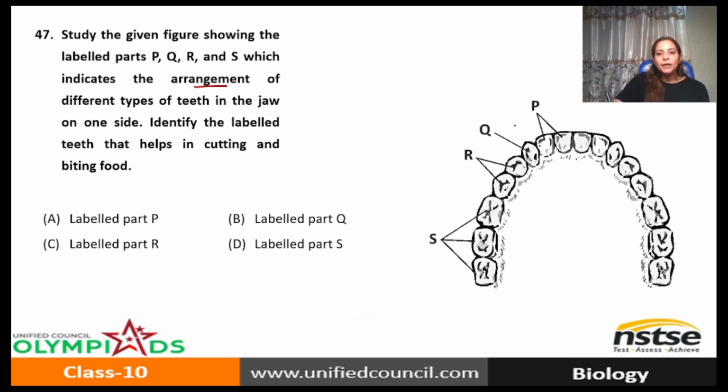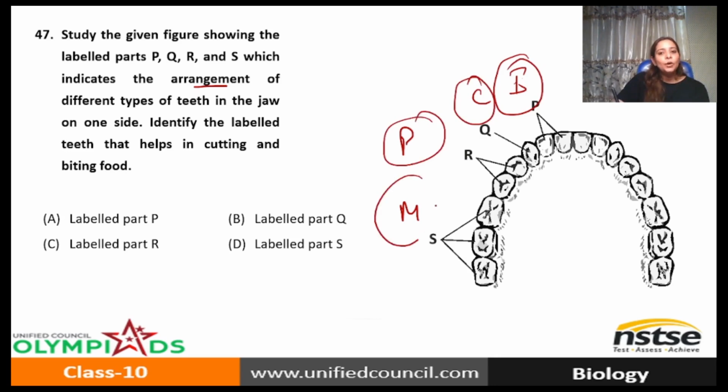Basically you have P, Q, R and S. Let me tell you that they are identified as incisors, canines, premolars and molars. Different teeth perform different functions. Incisors help in cutting and biting food. Canines help in tearing food.